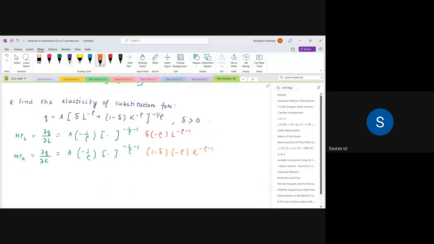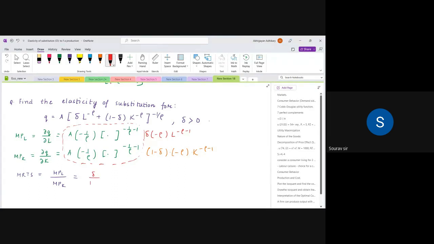So now for MRTS, what do you need? The ratio of these two. This part is exactly the same, so they will basically be cancelling out, so I'm not writing them anymore. And this minus rho also will get cancelled.